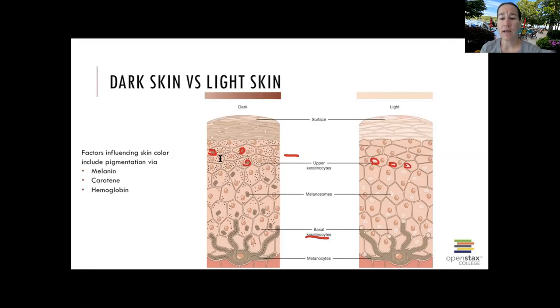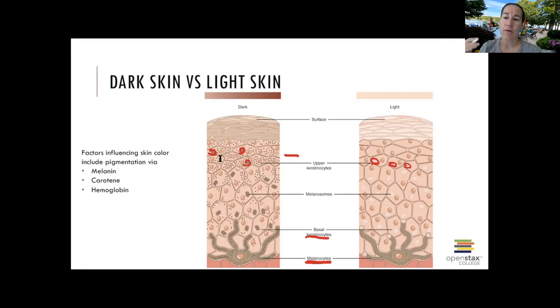So that's the difference. Everybody has melanocytes. Everybody has these. And they are producing the melanin, that pigment that can run anywhere from a yellowish tone to a black tone. It will be packaged up into vesicles and exocytosed into all the different cells in the epidermis.